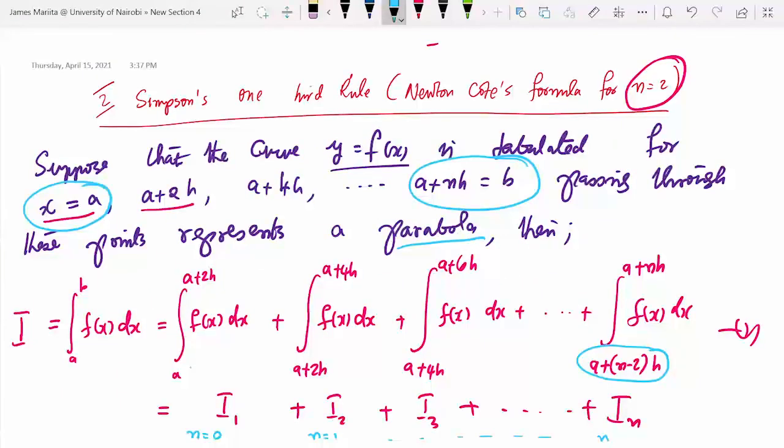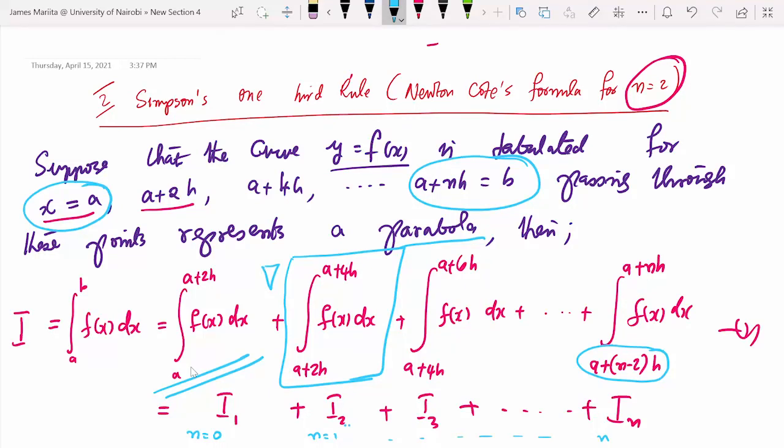This is the second one now. This is what we should work out. So I want you to do this integral, like what we have done for this one. Then you see what we are going to get for I2, before we generalize for In.